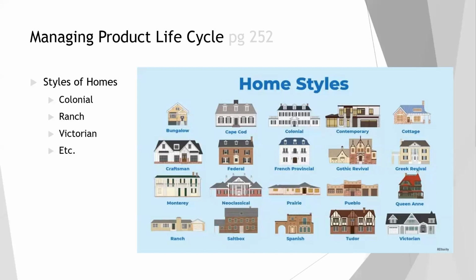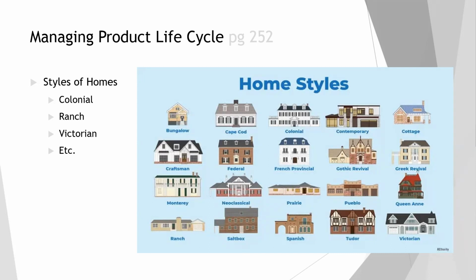So for an example of style, we're going to use styles of homes. Hopefully, all of you will be proud homeowners one day. There are lots of different styles of homes, and you can see how each one is just a little bit different. They may be super popular now, go out of vogue, and then come back in popularity. So styles of homes include colonial. It could be a ranch, a one-story.